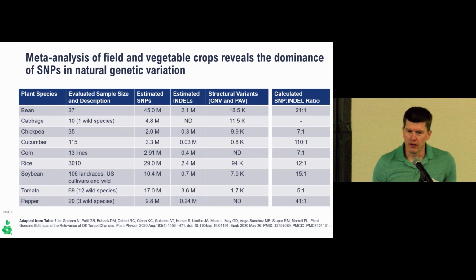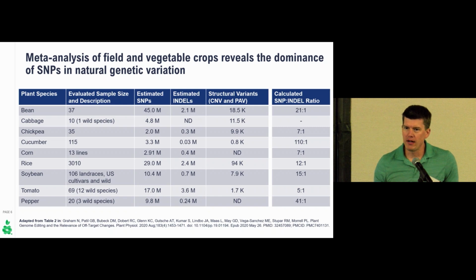This is focused on crops, but you'd get the same or a similar answer if you looked at genetic variation in animals and in humans. And the main point is that the single nucleotide polymorphism is by far the most dominant form of genetic variation when you're comparing individuals in diverse populations. And it substantially outnumbers indels as well as structural variants.